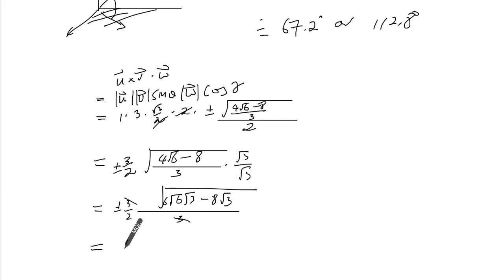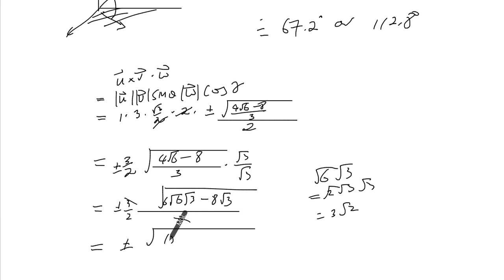That gets reduced, so we have a plus minus. 6 root 2, root 3, root 3, so you get 3 root 2. So 3 times 6 is 18, root 2 minus 8 root 3, all over 2. So that's the exact two possible answers for u cross v dot w.